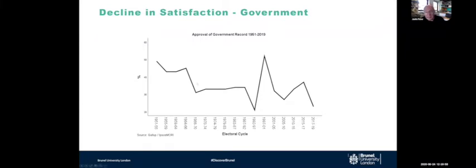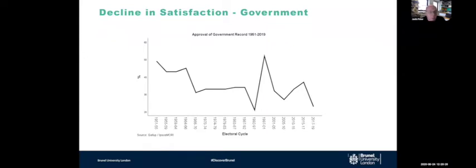Now, the one exception here is this period. This is the first period of government led by Tony Blair. And what we can see here is that not only was Mr. Blair's first term of government very, very popular, but it was actually the most popular government since records began, going back to the early 1950s.